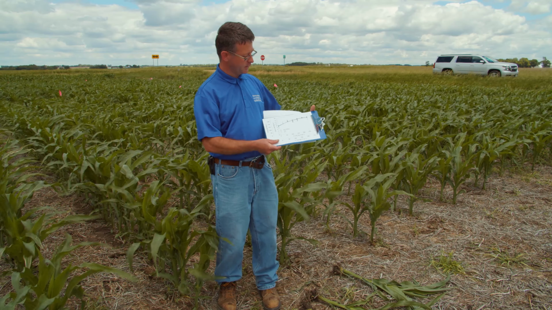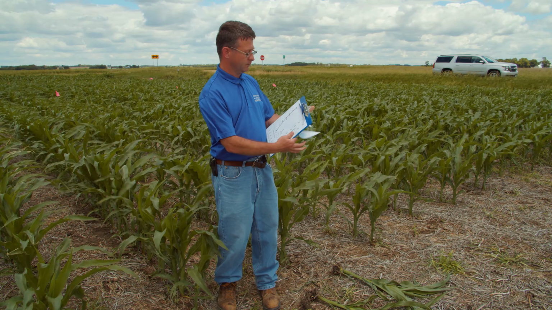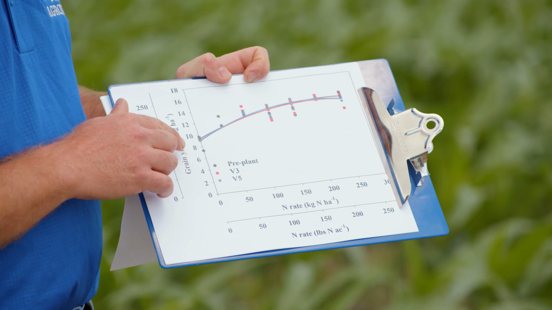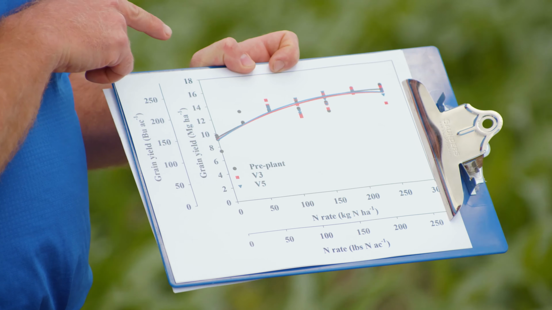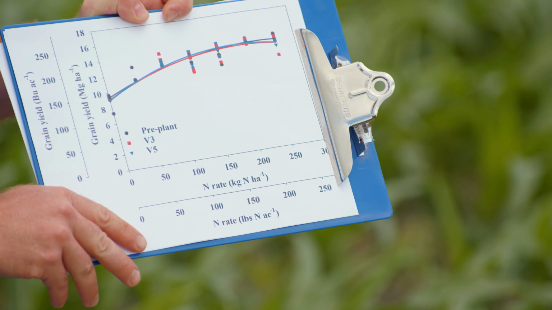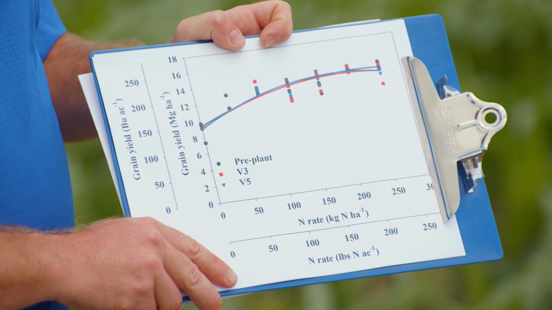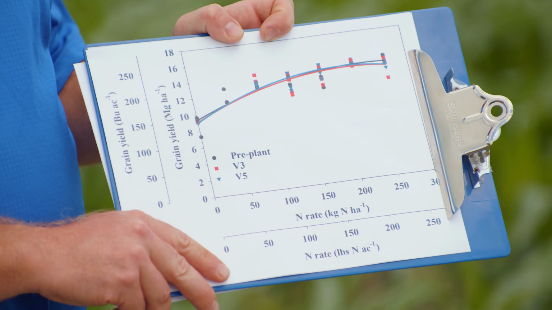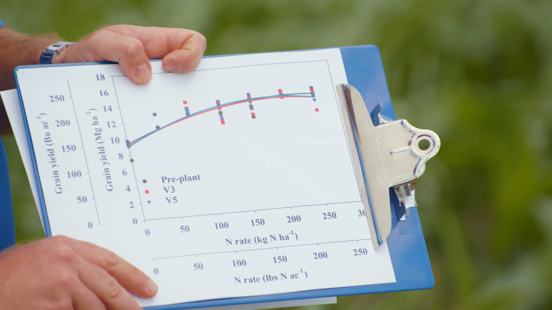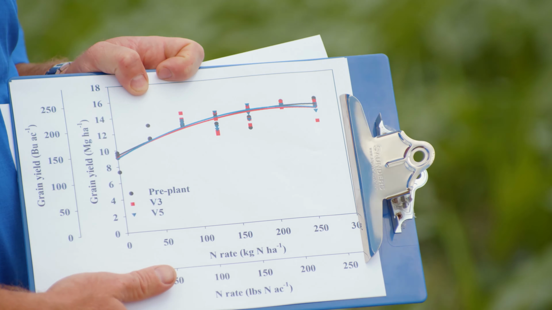In 2018, we can see 3 different lines. The black one represents the pre-plant application, the red line represents the V3 application, and the blue line represents the V5 application.